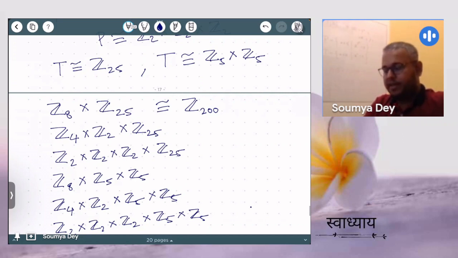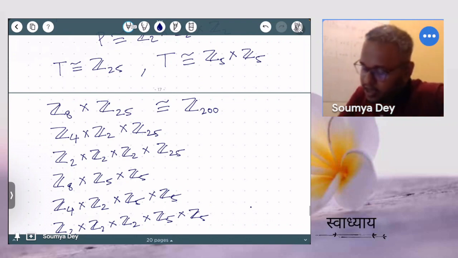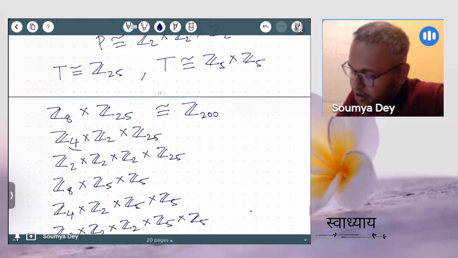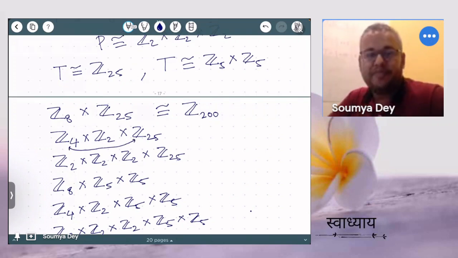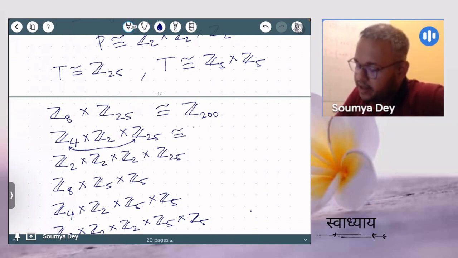Since this is an abelian group, you can rearrange these terms, so you can put this Z25 in the middle. So Z4 cross Z25, since 4 and 25 are coprime, the GCD is 1, you can club them. And what you get is Z100, and then you have a Z2 left.